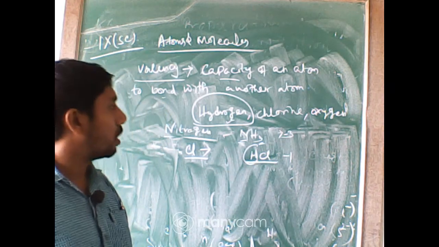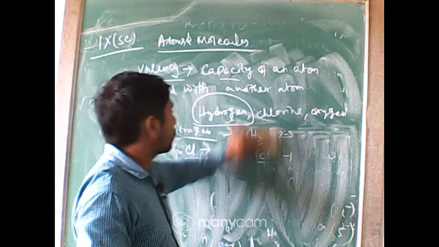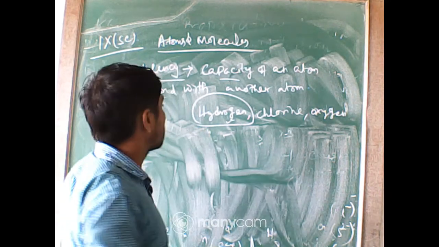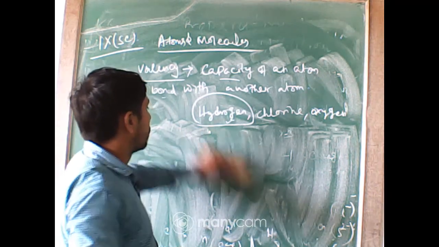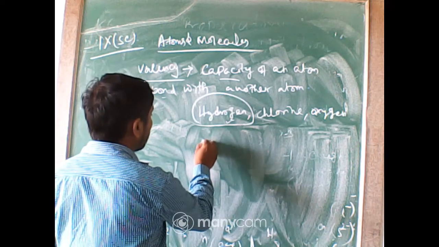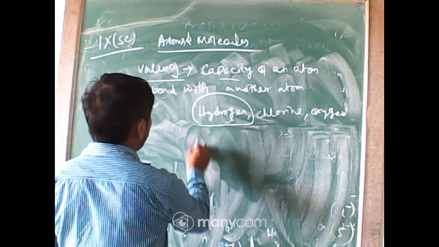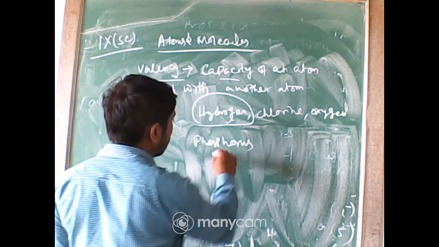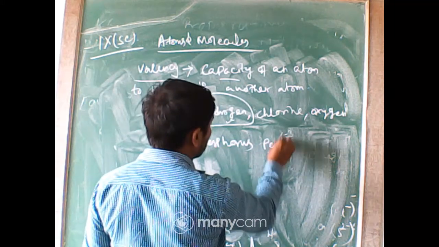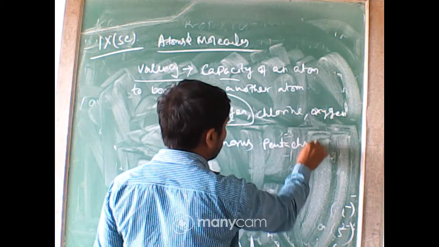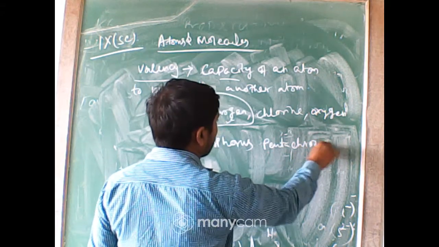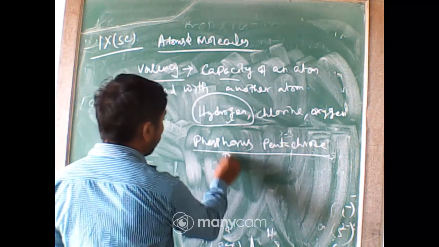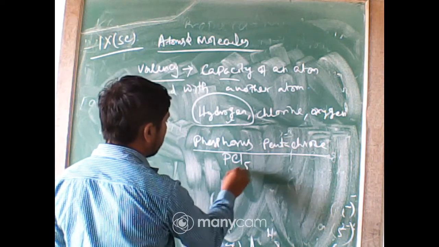Okay. In the same way, chlorine may also be taken as a reference. Suppose in one compound, that is phosphorus pentachloride, the name of a compound, the formula for this is PCl5.